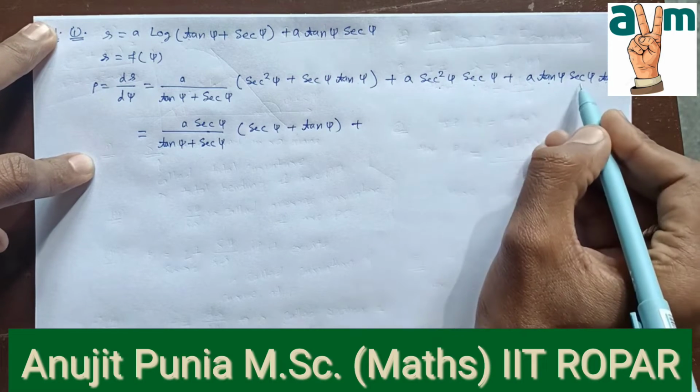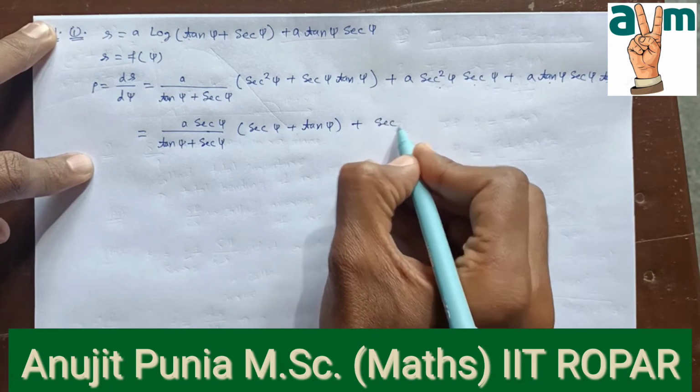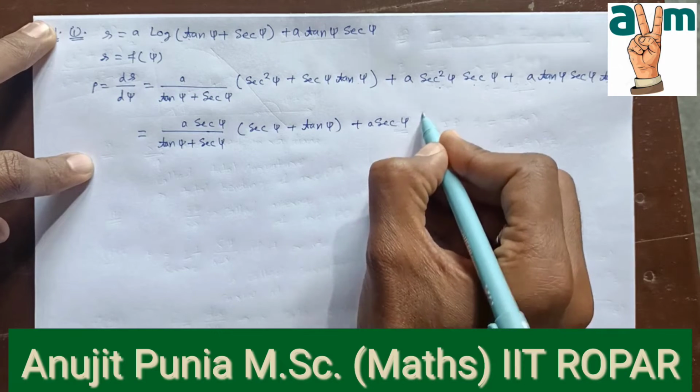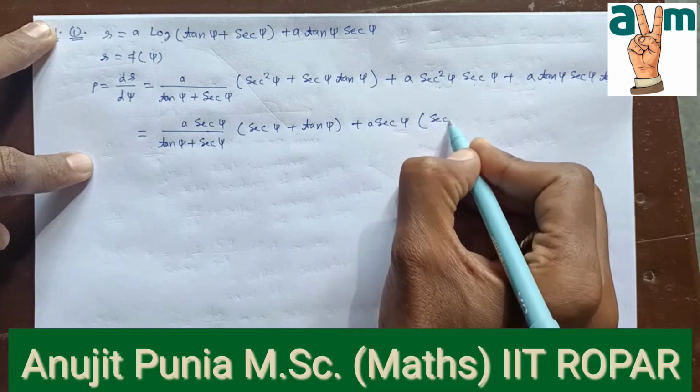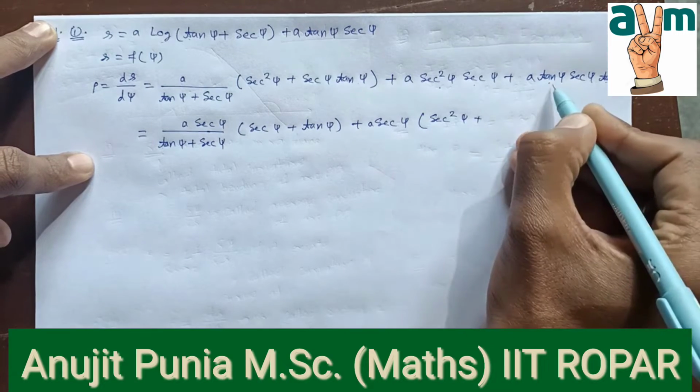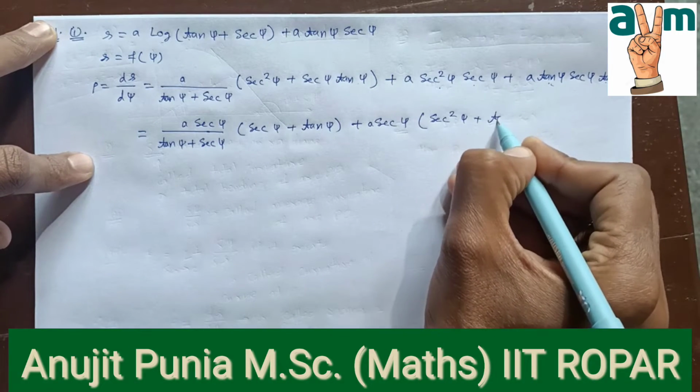We can take common secant psi. We take common a secant psi, and inside the bracket is secant square psi plus tan square psi.